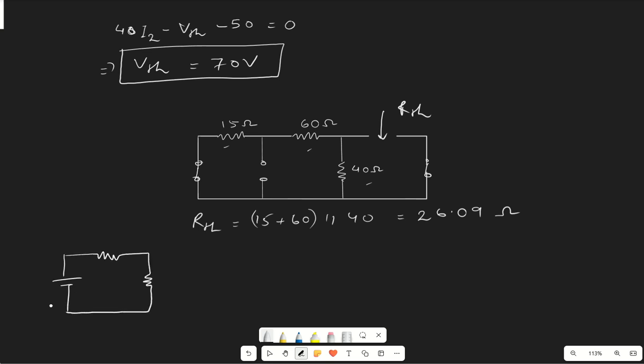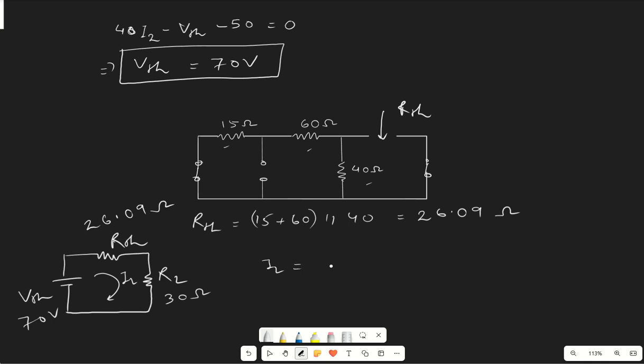So as per Thevenin theorem, this should be VTH, this should be RTH, this should be RL. So we have the values. VTH is 70 volt, RTH is 26.09 ohm, and RL is 30 ohm. So we can apply a simple KVL equation here and determine the value of IL.